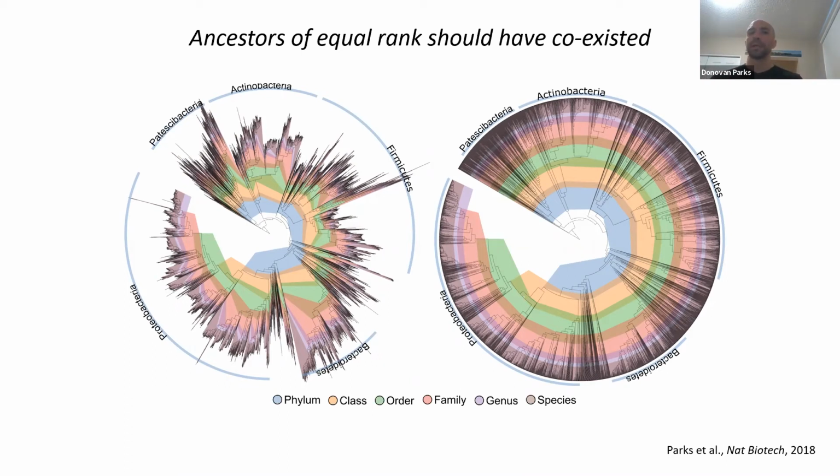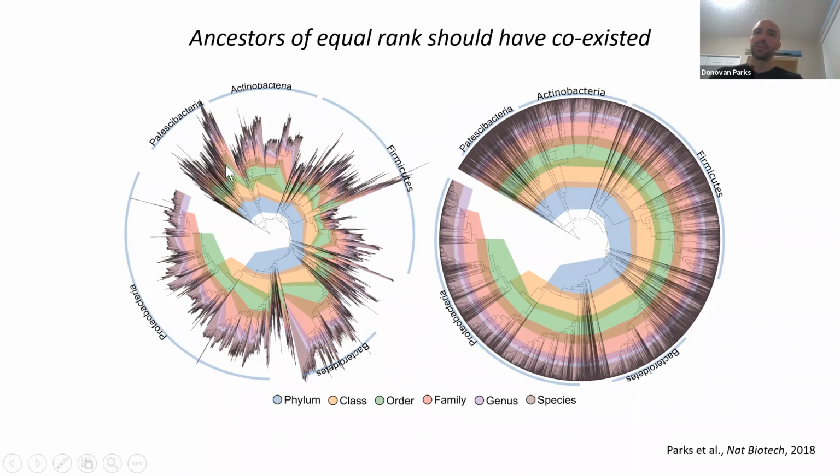So we'd like to normalize those, so that when we talk about a family, we know we're comparing apples to apples. What we think is a natural definition is that taxa at the same taxonomic rank, say all families, should have coexisted at the same time in the past. I think it's easiest to understand by going through these trees here.